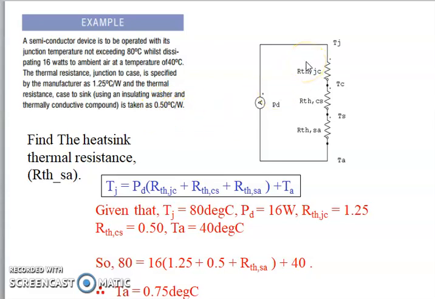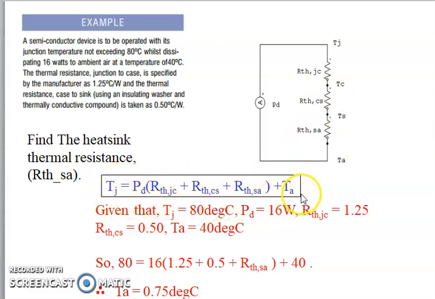So what we need to do is draw the equivalent thermal circuit, and we jot down all the information that has been given to the circuit: how much PD, how much TJ, TC, TS, and so on. So we know which part we need to calculate based on the parameters or data that have been provided. In general, this is the formula that we're going to use.